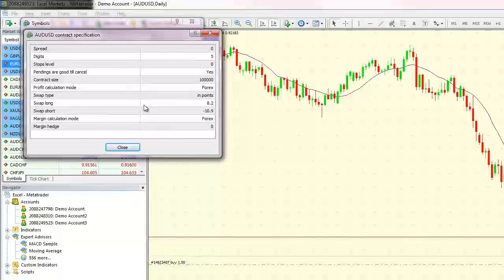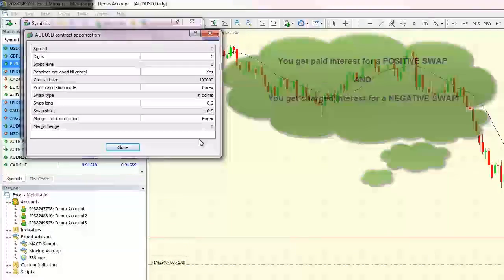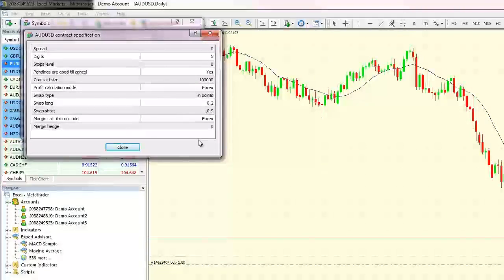As you can see, the swap rate for long positions on Aussie dollar is positive, while the swap for short positions on the Aussie dollar is negative. What this means is that you earn an interest rate for holding a long position on the Aussie dollar, while you pay an interest rate that is 10.9 points on your account for each short position that you hold on the Aussie dollar, for each day that the position is rolled over from one value date to the next.